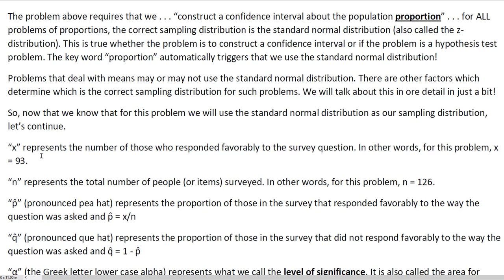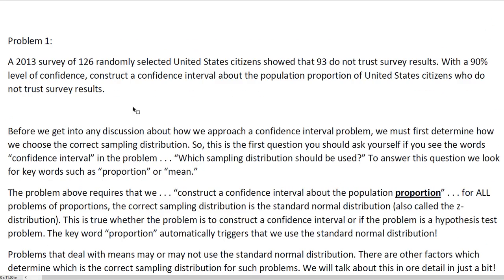The first thing is x. X represents the number of those who responded favorably to the survey question. In other words, this question asked, do you trust surveys? And out of the total of 126 people, as it says in the problem, 93 people do not trust survey results.